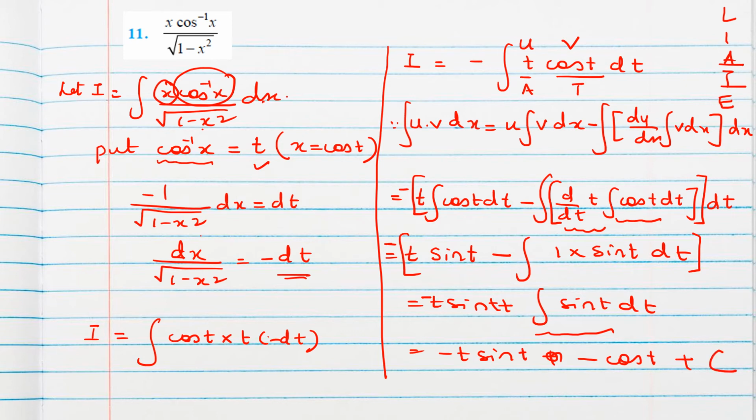Now we will resubstitute the values. So here t is cos inverse x; directly we can put cos t, we know that is x. We need sin t, so we will write sin in terms of cos. So that is root of 1 minus cos square t, minus cos t.